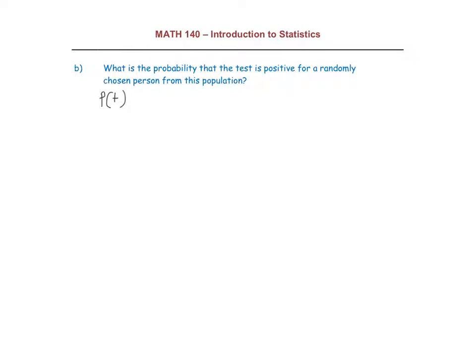In the next question, we need to figure out the probability that the test will show positive. So, randomly chosen person, what is the probability that the test will show positive? So, what we need to figure out is P of the probability of a randomly chosen person showing positive.